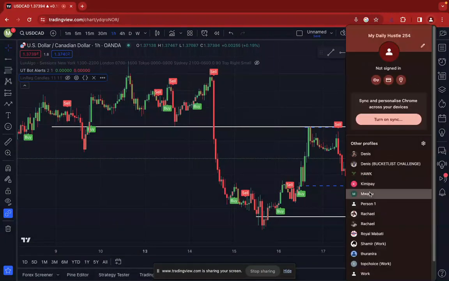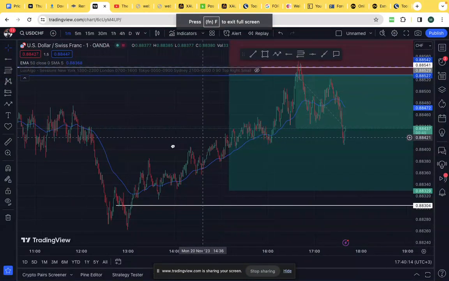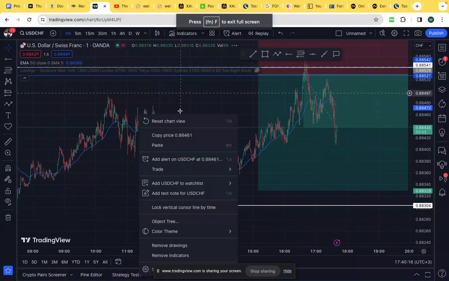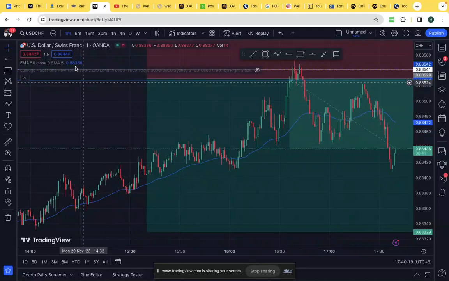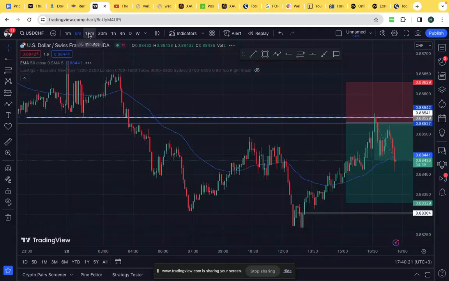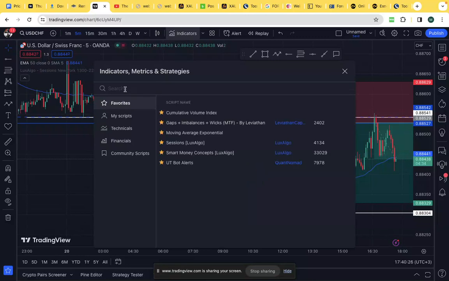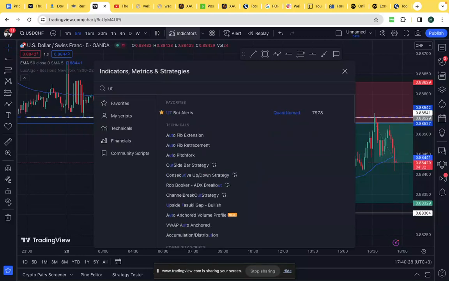Let me go to another TradingView so that you can see how the indicators look. You come to indicators and search for UT Bot Alerts, this one by QuantNomad.